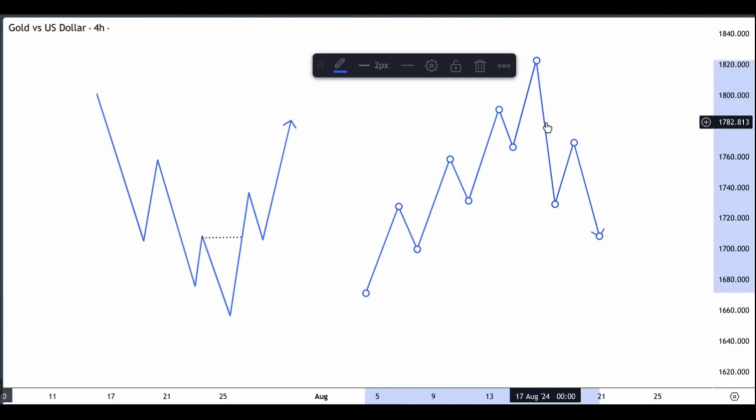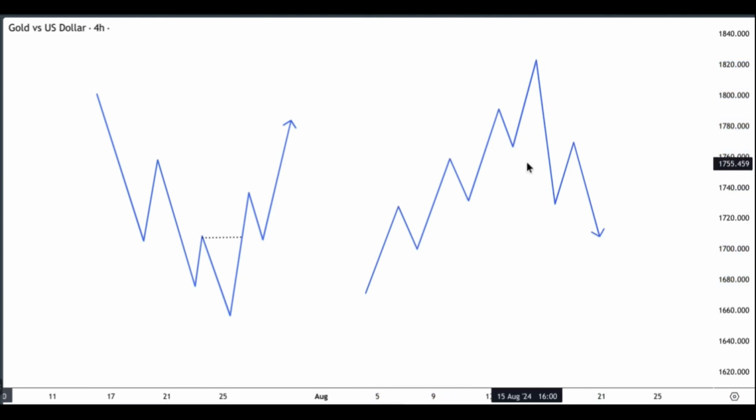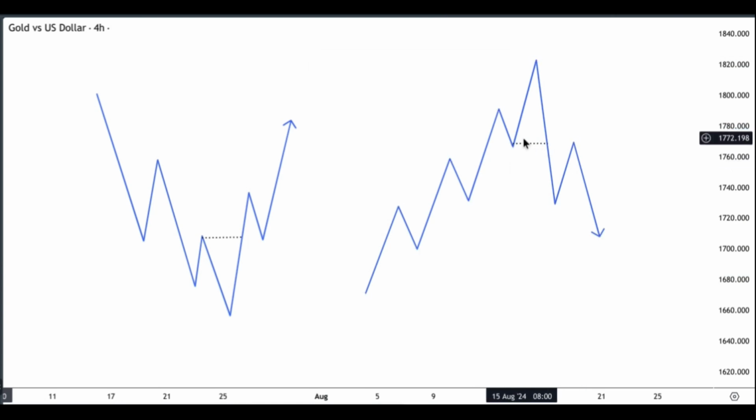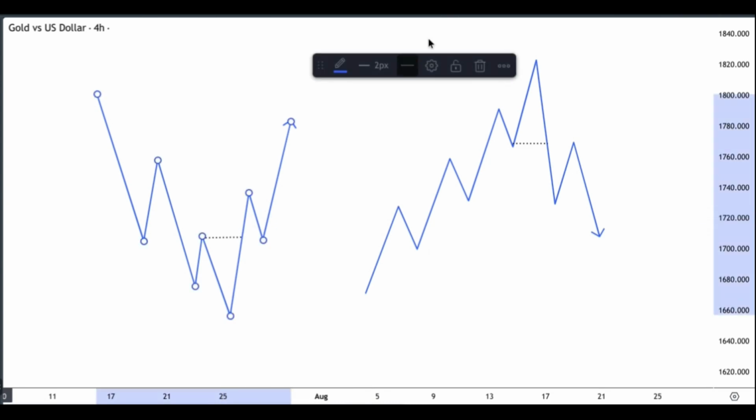Instead of forming a higher low, we see that this swing low here was taken out. Just right here. So that's where our break of structure happened, right? The break of structure happened right here because the previous swing low was taken out. I hope that makes it really, really clear.